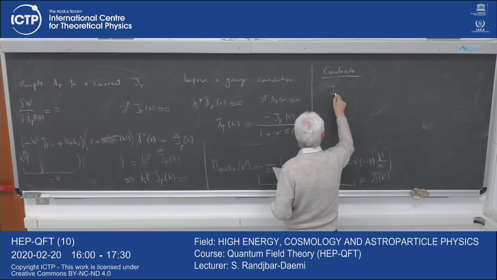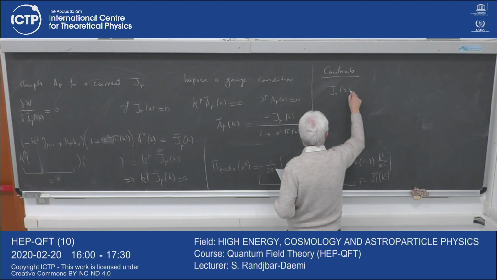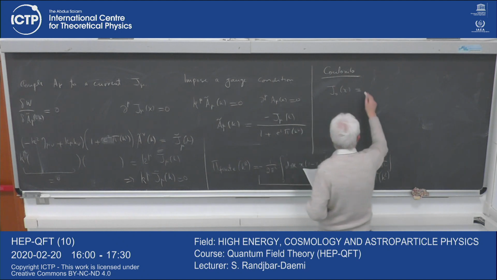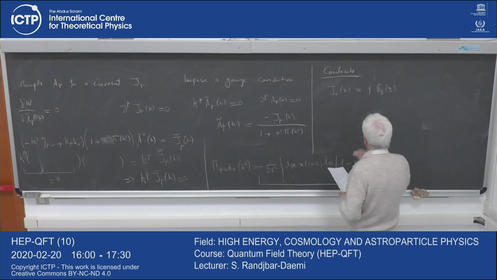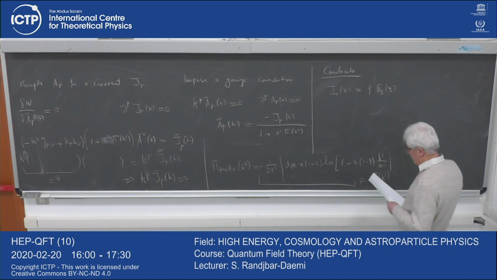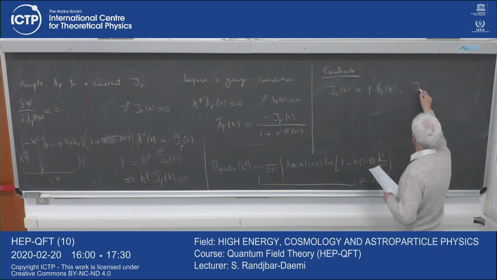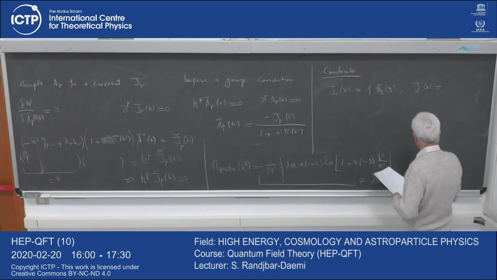In order to study this problem, we will take J0(x) to be a number which I am going to call Q, localized at the origin of the three-dimensional space, and the vector component of J equal to 0.